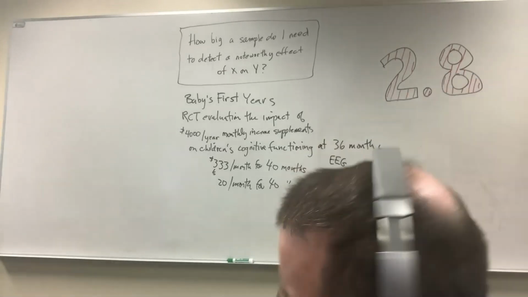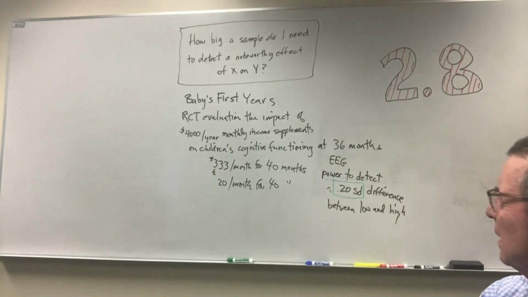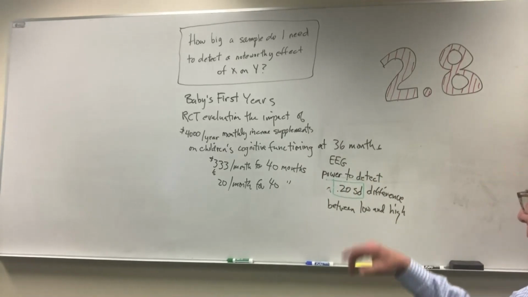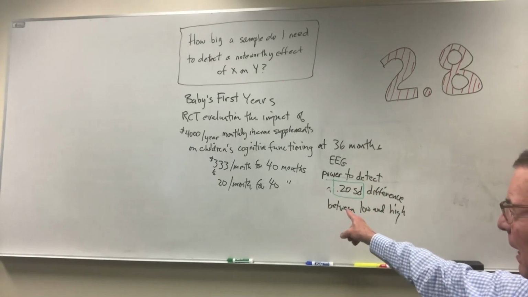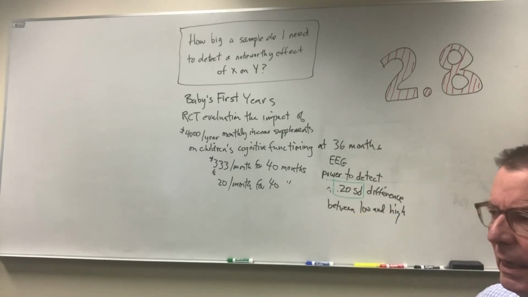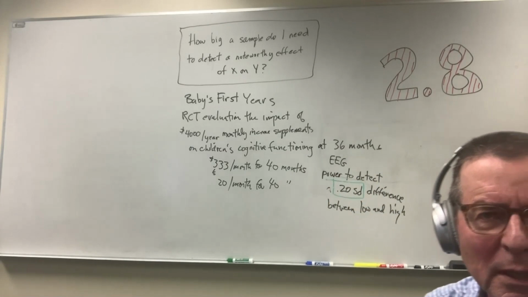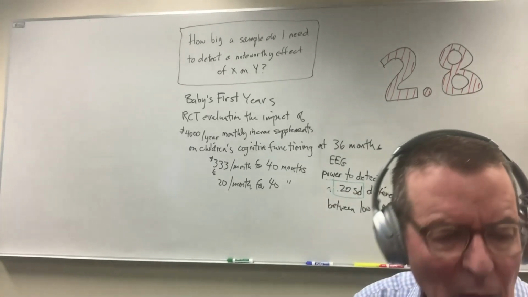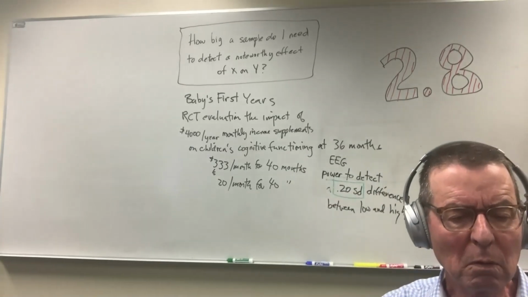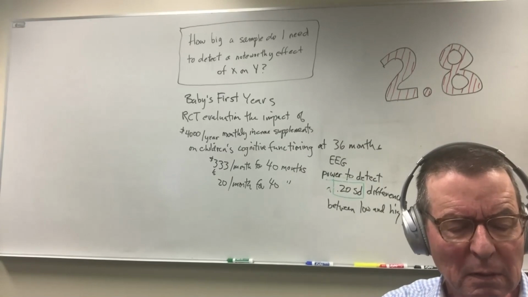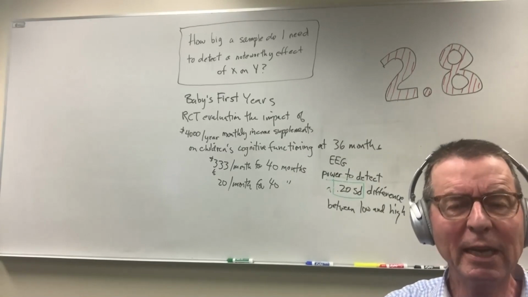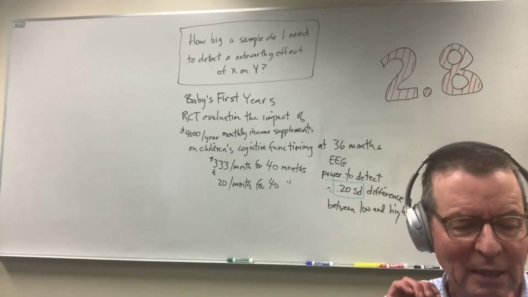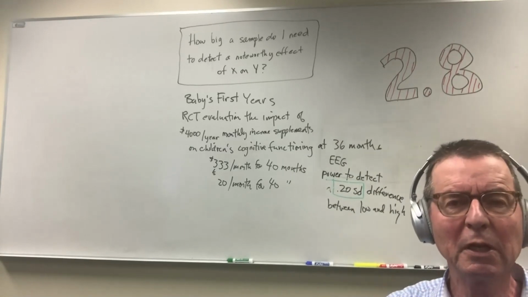But in our case, this 0.2 standard deviation effect came from a literature review showing what sample size you would need to be able to detect an impact that was actually plausible given the literature.